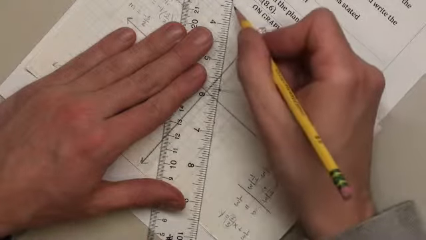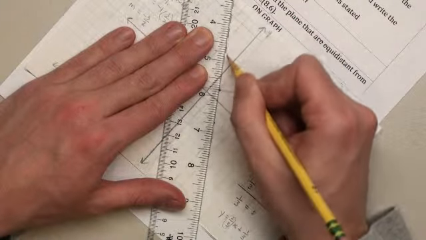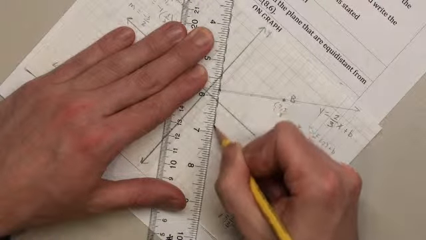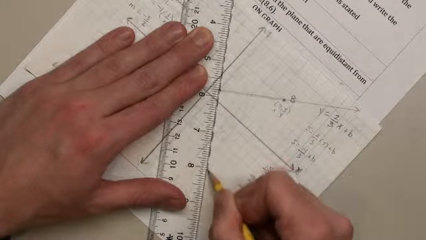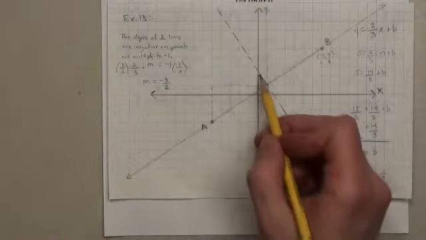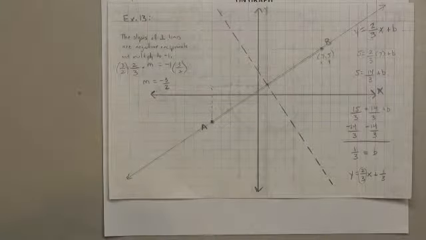Okay. And I'm going to draw a dashed line, because remember, this is my locus line, right? Okay. Now, there's my y-intercept, but I don't exactly know what that is.